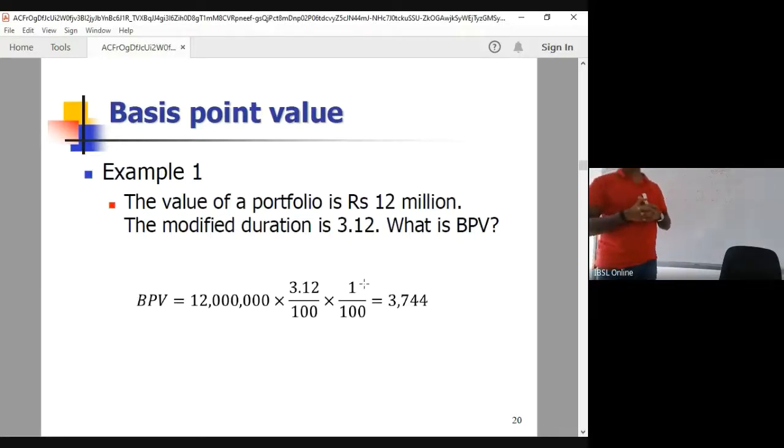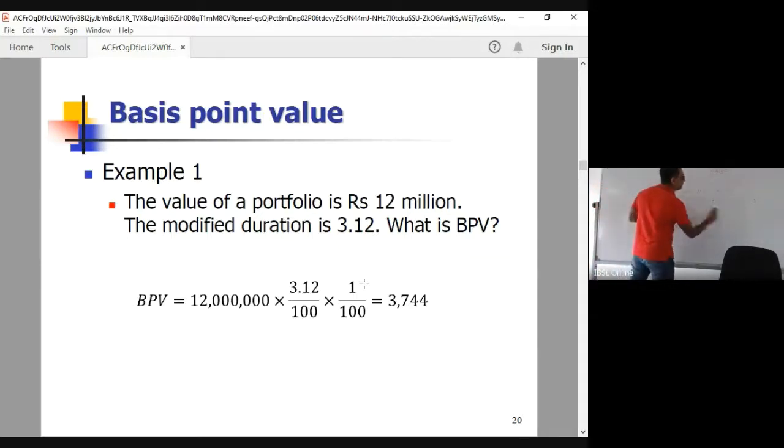You're looking at the percentage, which is 3.12%, the modified duration. So you take 12. What is the modified duration? Modified duration calculates for you the impact of a 1 basis point move on a particular portfolio.